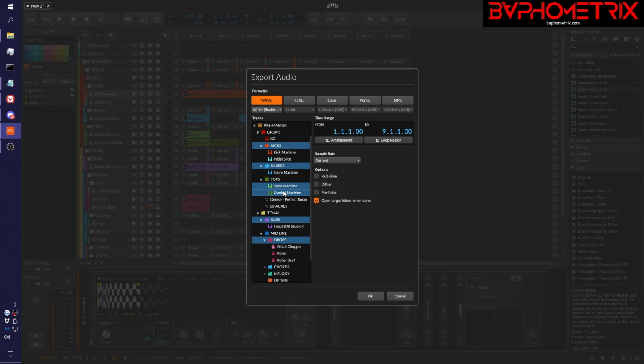We call that a stem. And then you give the stem to your partner, and they take that stem and add it into their project file. And now they're hearing what you built in the context of their thing. So we call this throwing stems back and forth or sharing stems. And it's the only way to really collaborate effectively with lots of different people, okay?